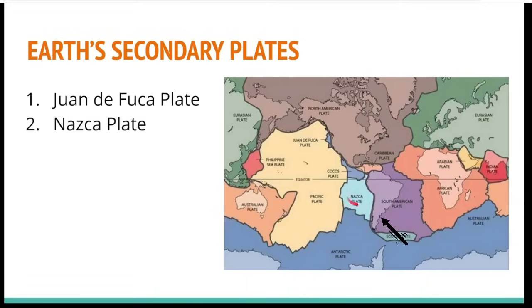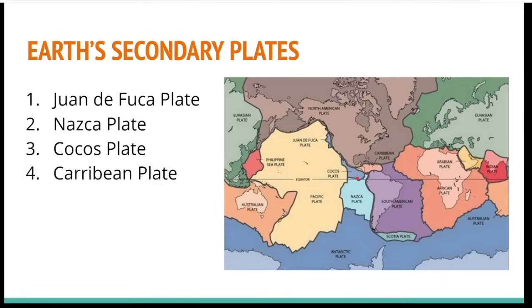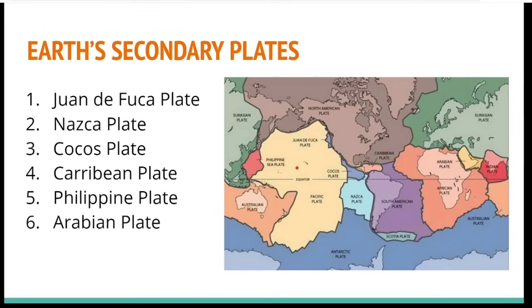Nazca Plate. Cocos Plate. Caribbean Plate. Philippine Plate. Arabian Plate.